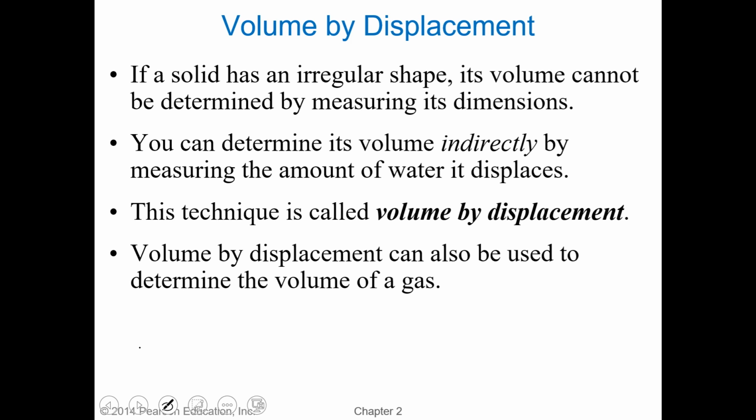The way to do this the easiest is to get a graduated cylinder and fill it with water to a certain point that you've measured, maybe 25 milliliters, and then you put the object in it. The amount of water that the object displaces is the volume of that object. So the volume of the object is equal to the final volume minus the initial volume.